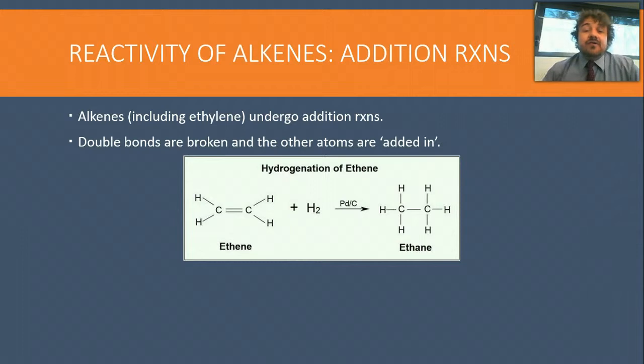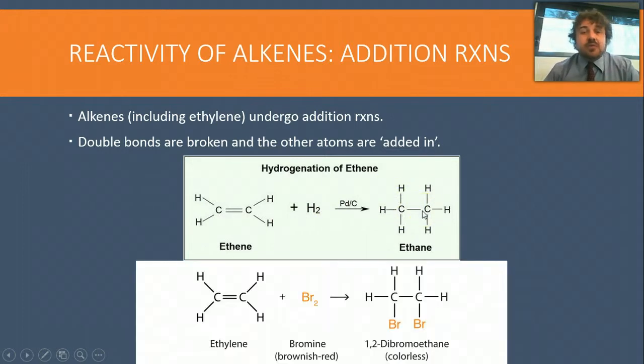If we add hydrogen to ethene, which is the reverse of the cracking, we put in the energy, and with a catalyst, these two hydrogens get added in here and here.